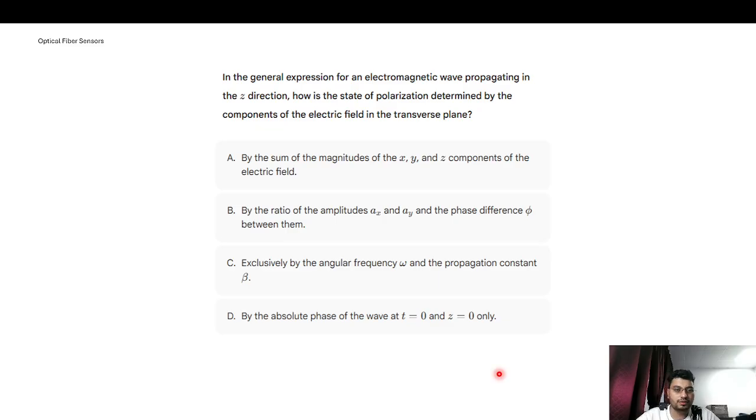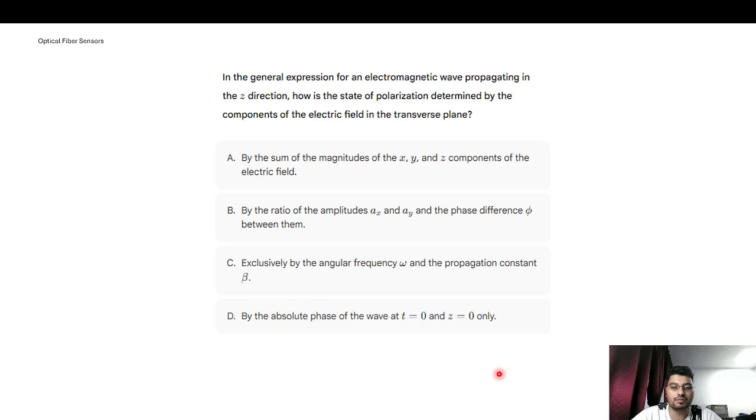Okay, so the first question is: in the general expression of an electromagnetic wave propagating in the z direction, how is the state of polarization determined by the components of the electric field in the transverse plane? Option A, by the sum of the magnitudes of the x, y, z components of the electric field.